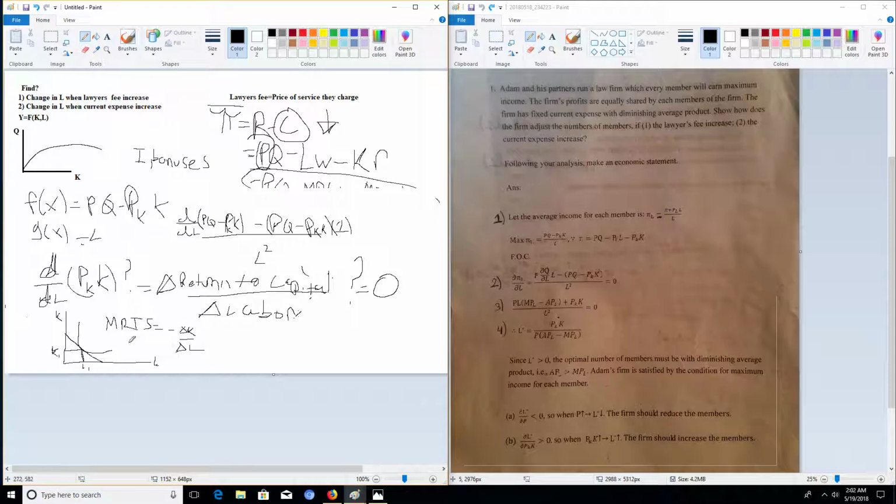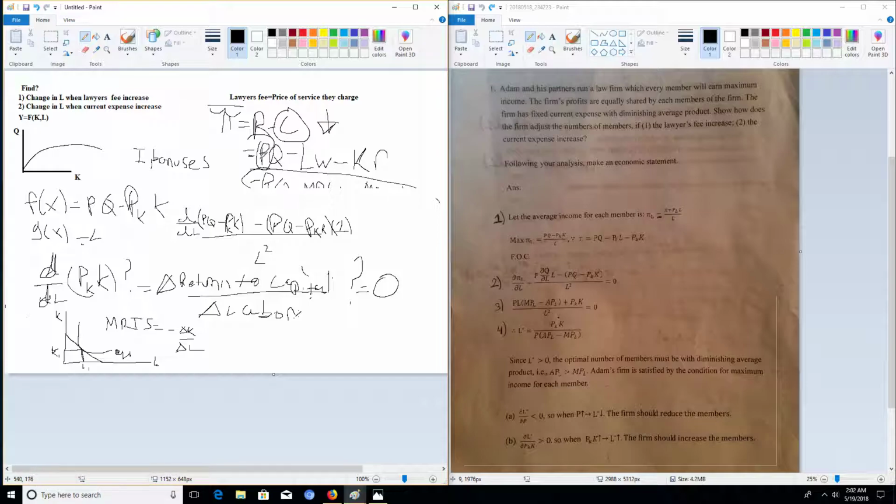But first of all, the level of output is not kept constant. So this Q1 doesn't even apply, because this isoquant, which is Q1, in this problem, it does not say output is kept constant, and we really know it isn't, because I just established before that Q is definitely changing.